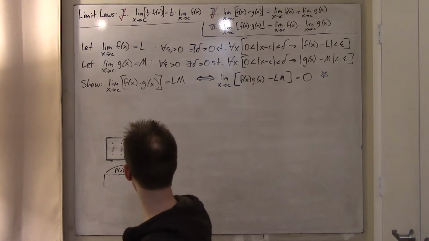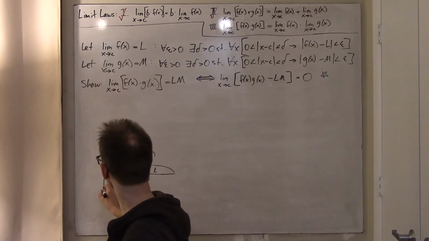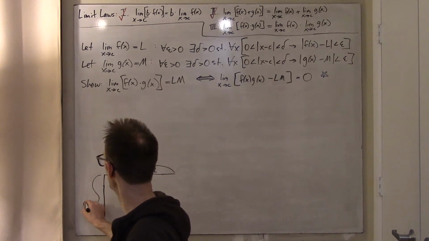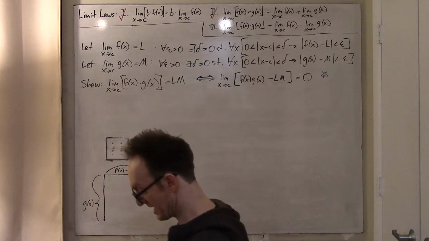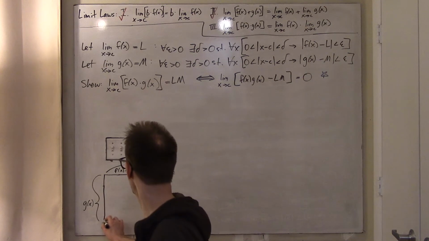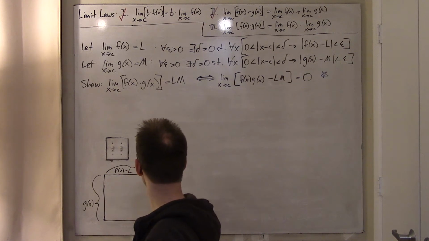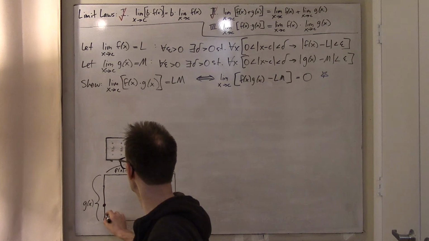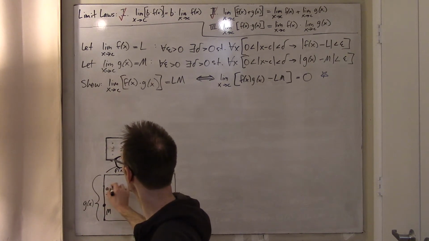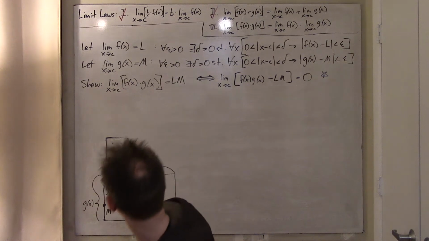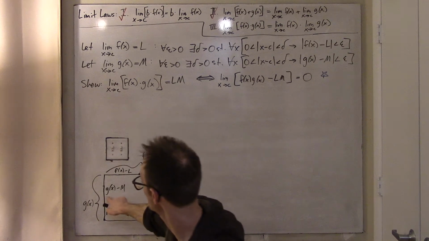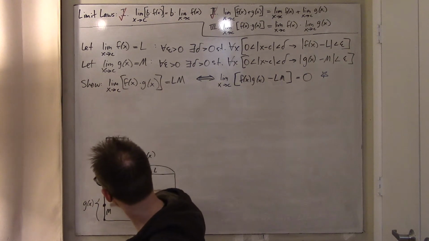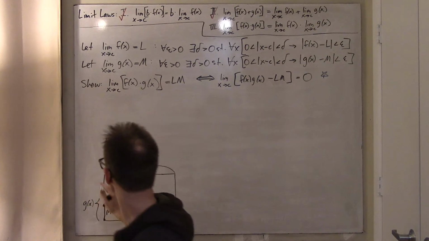Okay, and then let this be g, and let me just complete this picture. This is going to be m, and this is therefore going to be g of x minus m. Okay, I'm not so happy with the way this looks, so let me just write this.